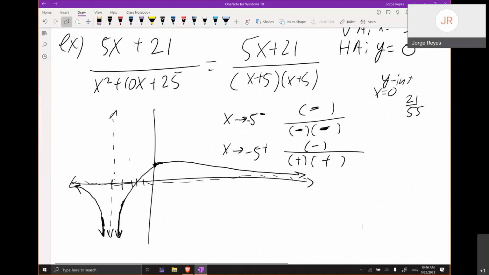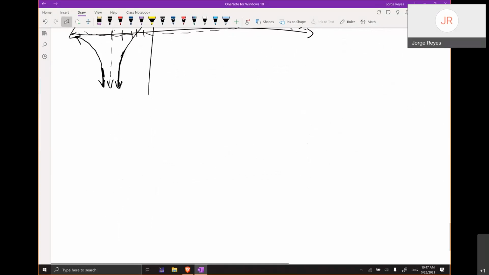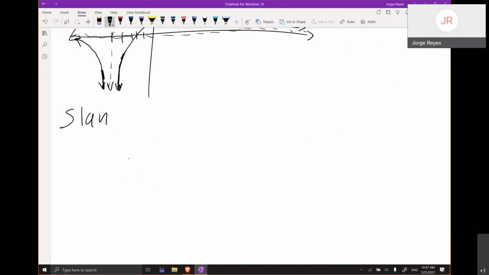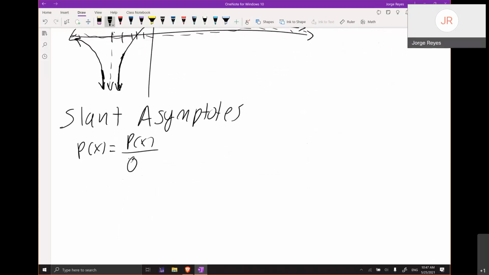All right. So the last part in this section, which is not a big deal. I'm just going to do one example, because it's complicated. I'm going to do the last case that I haven't done, which is what I called a slant asymptote. A slant asymptote happens when the degree of the top is bigger than the degree of the bottom.